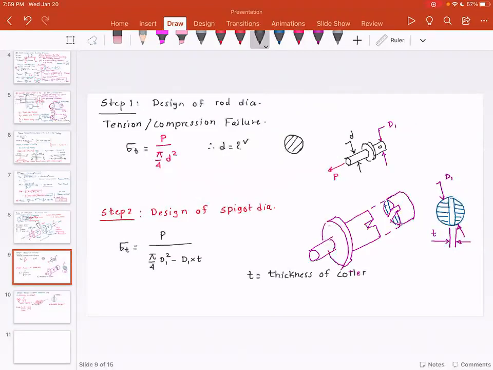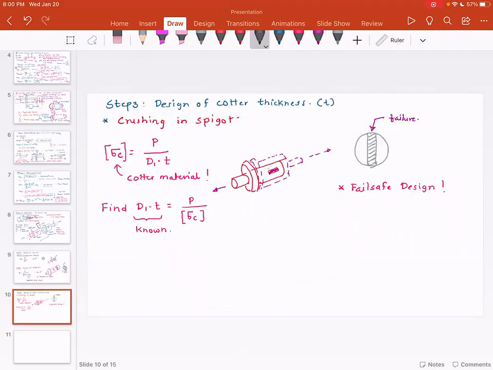And in this equation, substitute the value from step 3. And once you substitute the value of d1 times t, the only unknown here is d1. So you can find out the value of d1.